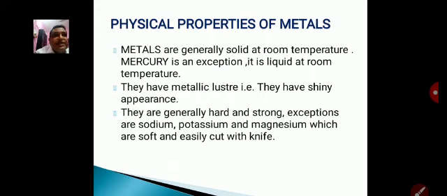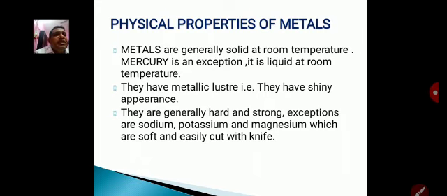They have high densities, which means they are heavy. Metals are sonorous, which means metals make a ringing sound. Some examples of metals are iron, copper, silver, gold. These are the metals. And now we have to explain the physical properties in detail.